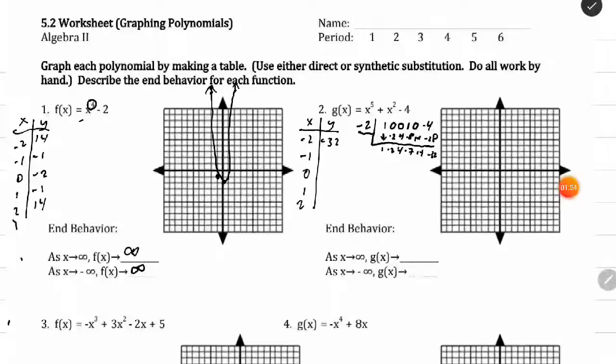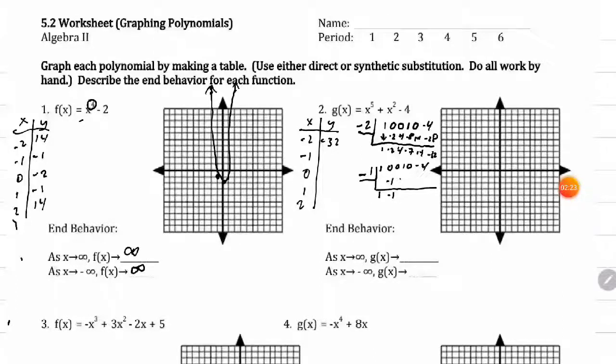Okay. And then I'm going to show it off one more time. Negative 1. And I'm still up against 1, 0, 0, 1, 0, negative 4. So I'll bring down the first. 1 times negative 1 is negative 1.